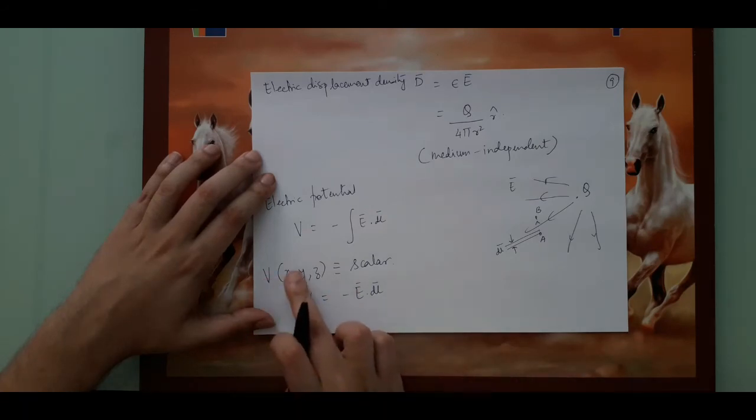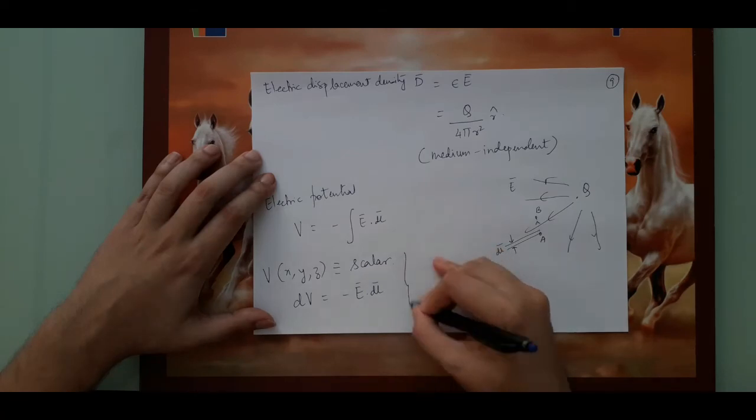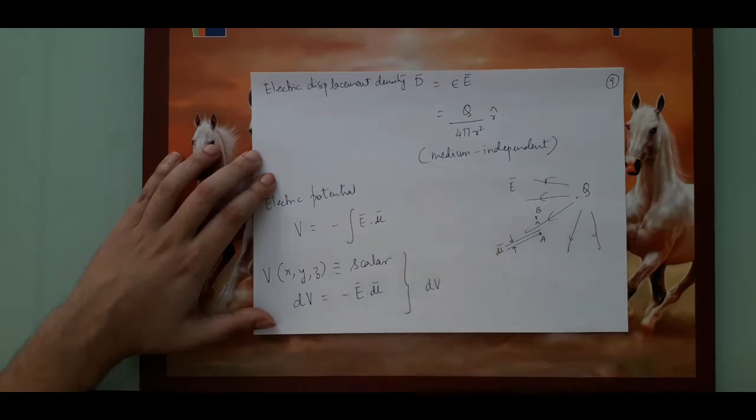Since my potential is a function of x, y and z, I can also define my dV as partial derivatives with respect to x, y and z, adding them up by multiplying with the length differentials.